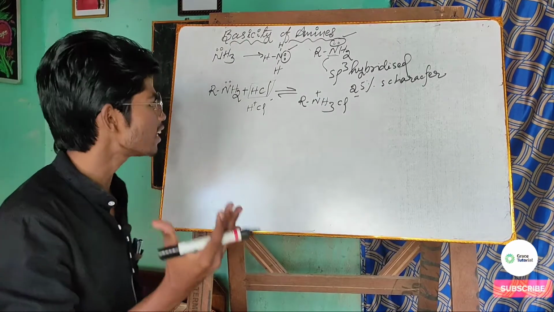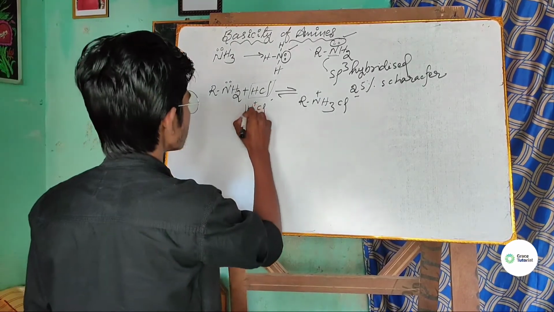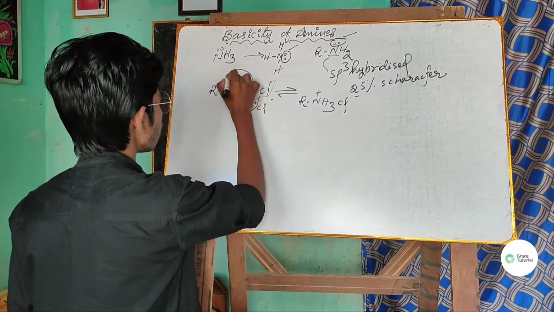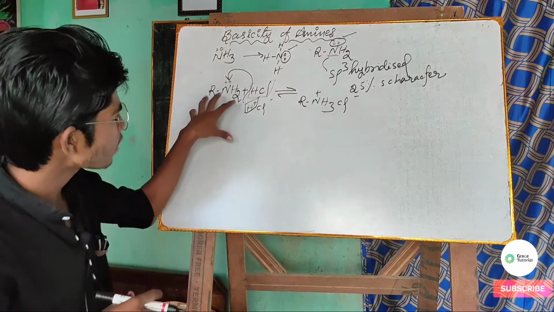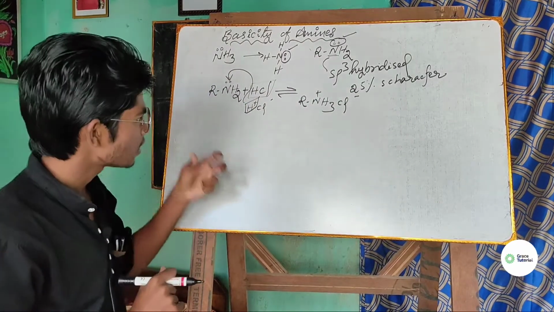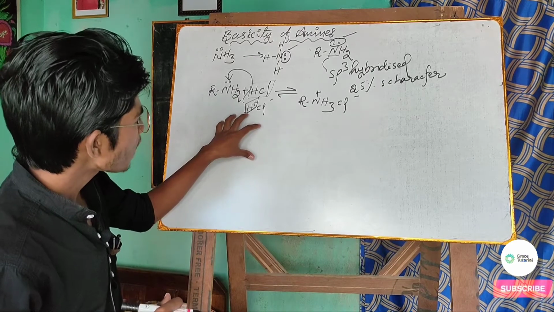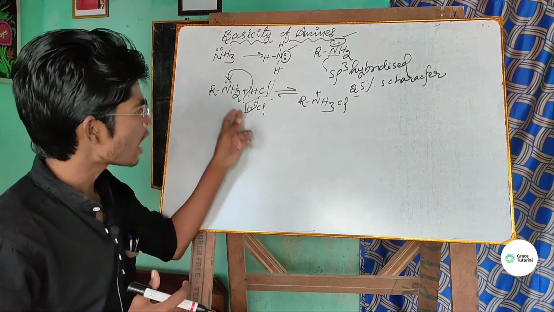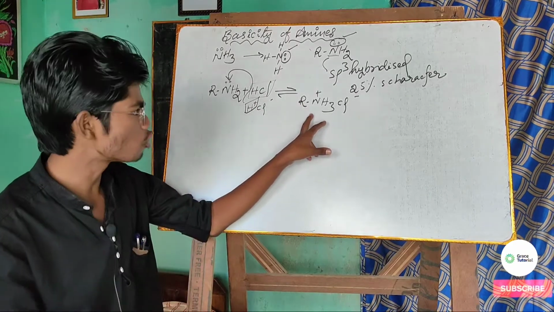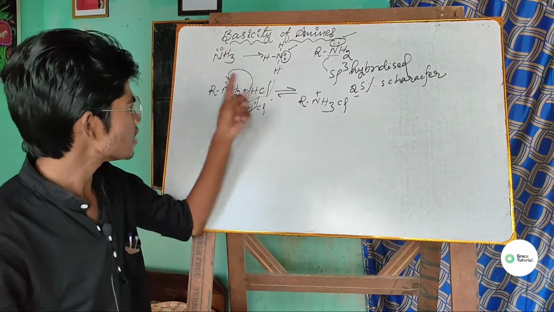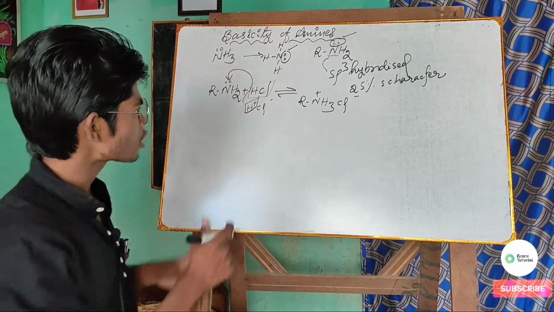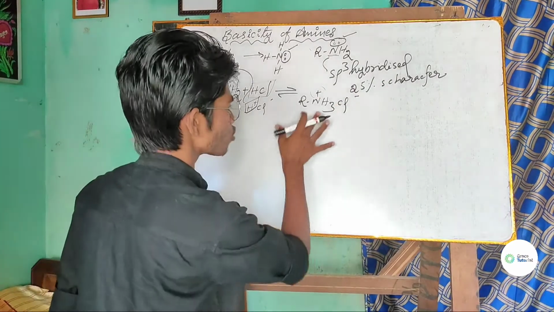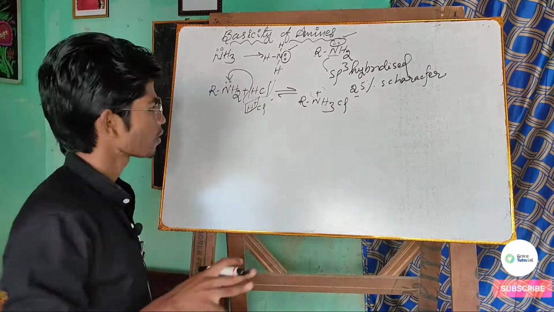That means protonation takes place, and the H plus attacks the lone pair of electrons that the nitrogen atom possesses. When the lone pair of the nitrogen atom is attacked by a proton, it finally changes into RNH3. Since it loses electrons, a positive charge is created here, and this is Cl minus, so RNH3+ Cl minus.